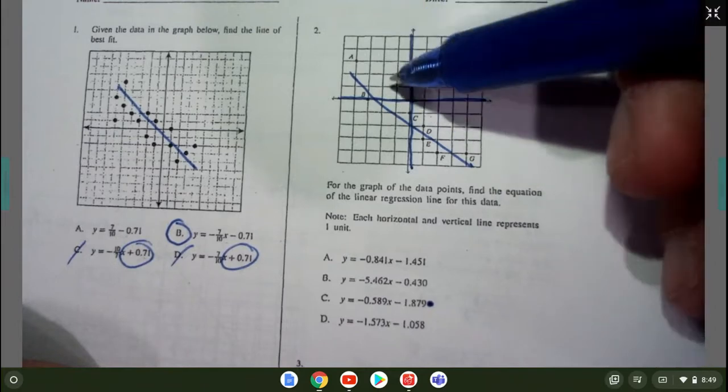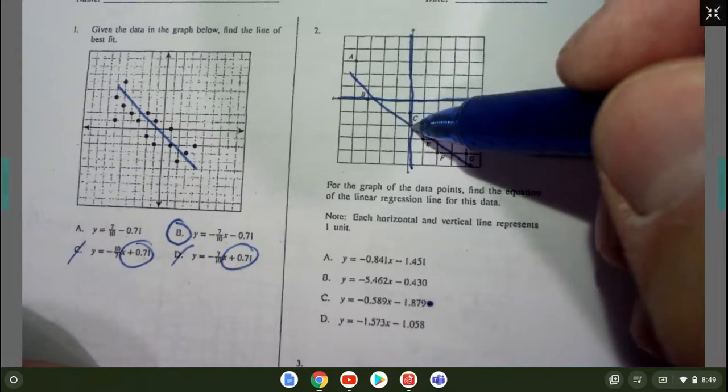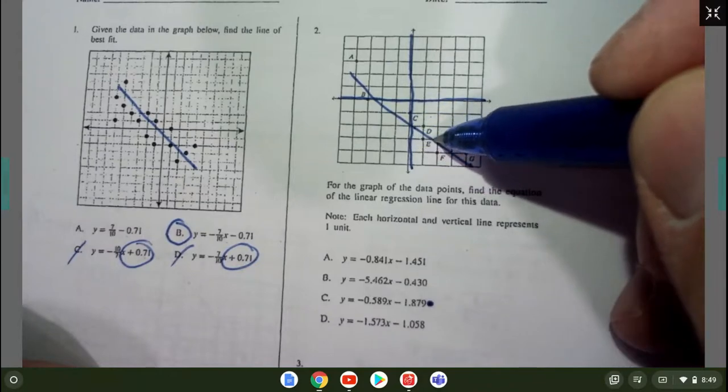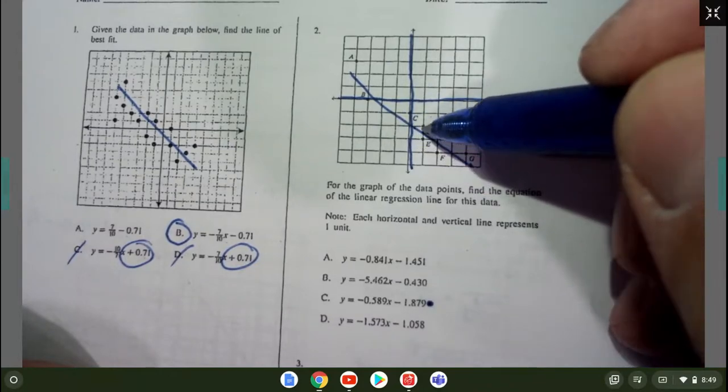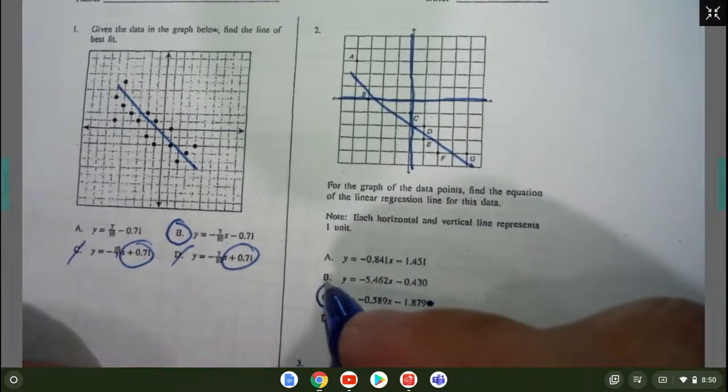I don't know if that's great. Looks to me like we're going down 1, right 1, down 1. It's almost right 2 that time. That'd be 1 over 2. That would be about a half. All right, so I'm going to go with C. I think that's probably our best.